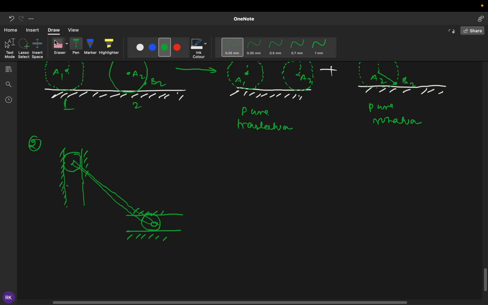You have to show it by dotted lines so you can understand. So suppose earlier it was at this position. After some time this roller has moved to this position.